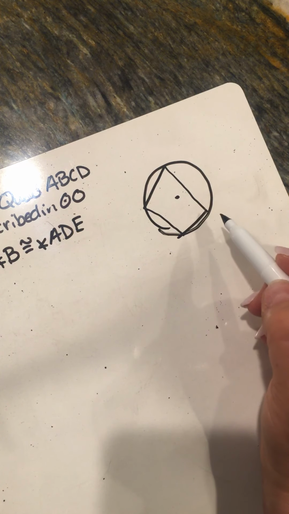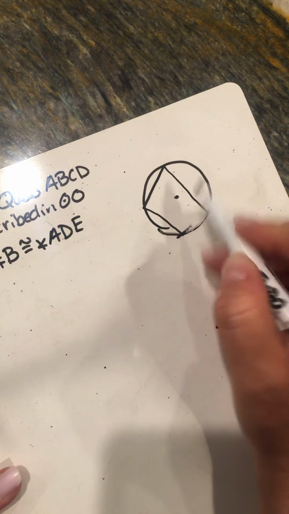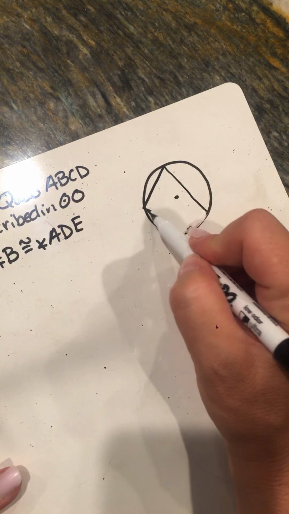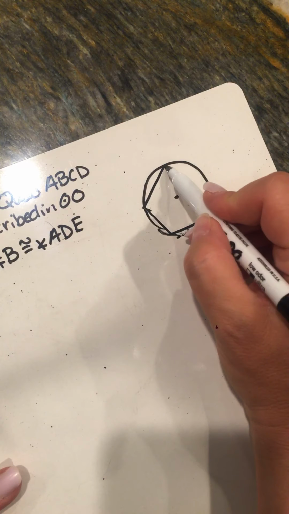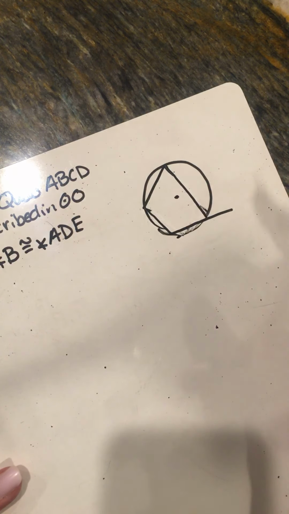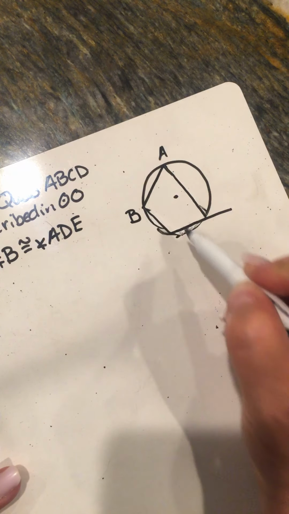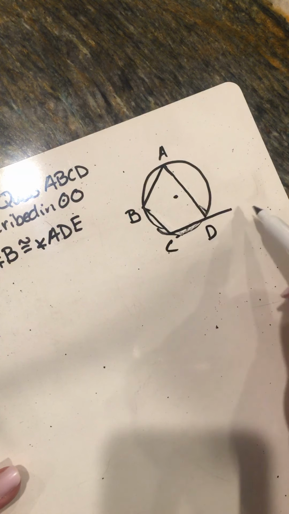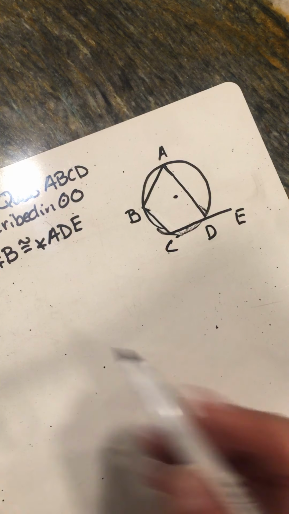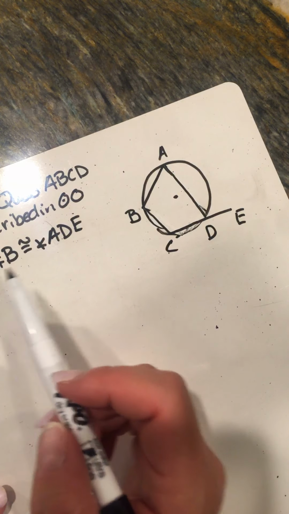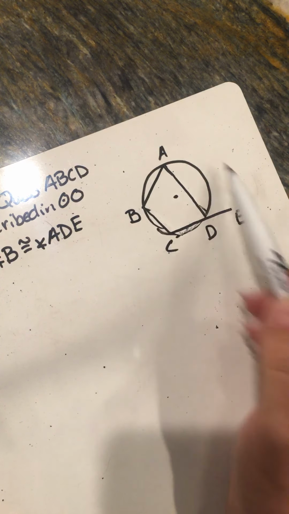And then, actually I want to change this a little bit. There we go. And this is A, B, C, D, E. Okay, so we've got the quadrilateral inscribed in the circle.